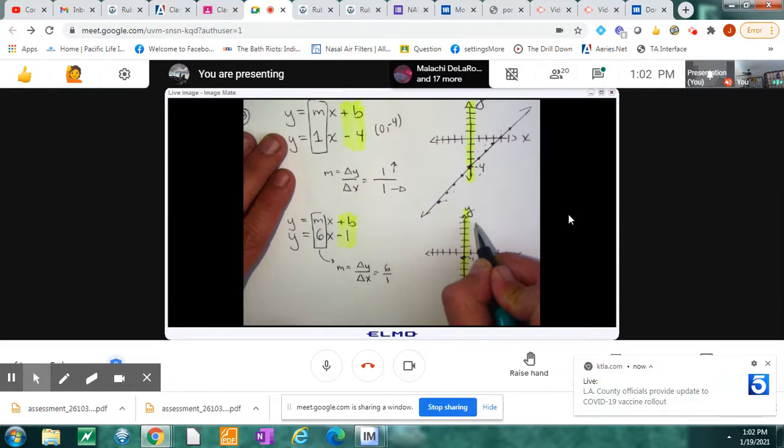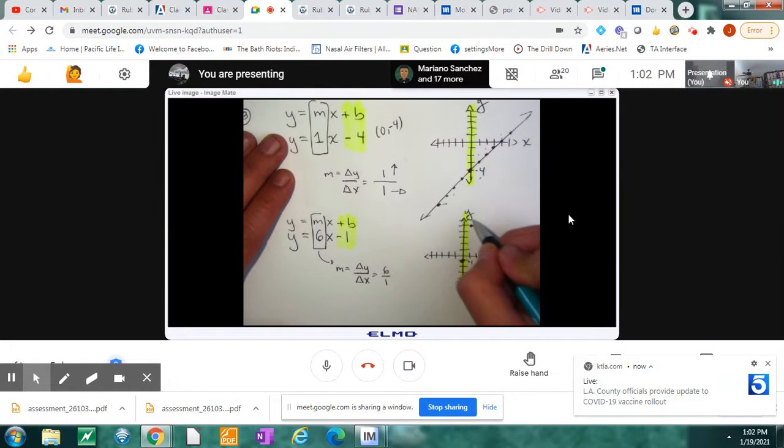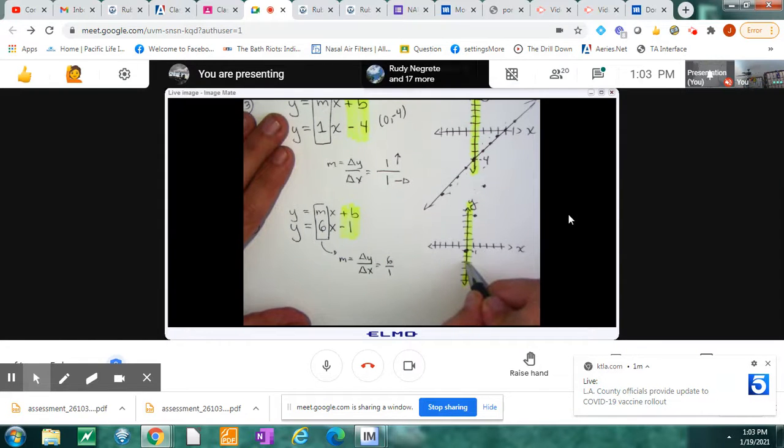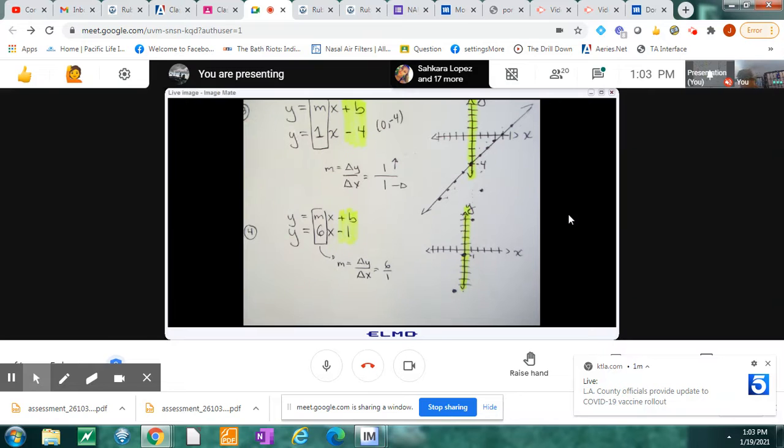And then to the right, 1. And then I could do it again. 1, 2, 3, 4, 5, 6, and then to the right, 1. Now, instead of going up, I'm going to go down to get the other side. 1, 2, 3, 4, 5, 6, and then 1. And that's good.